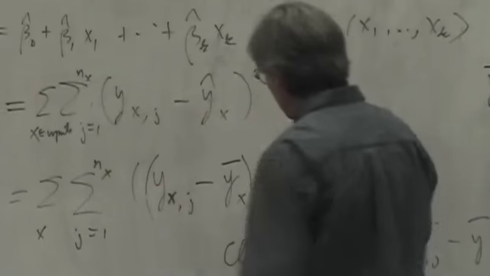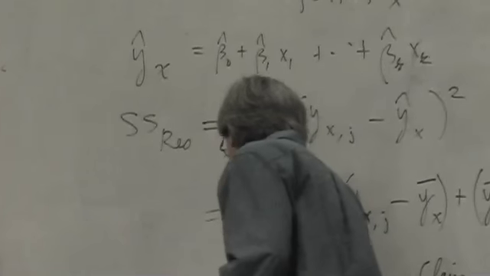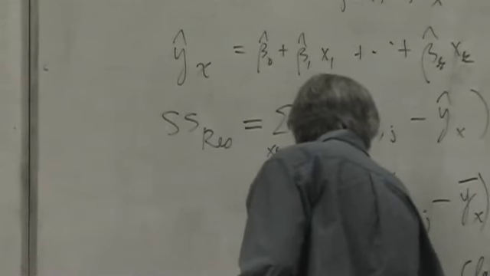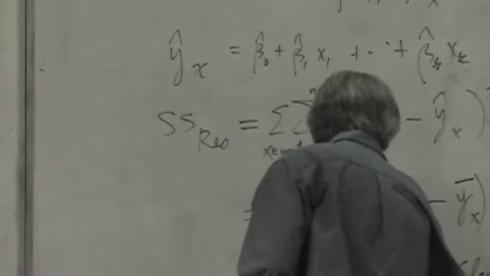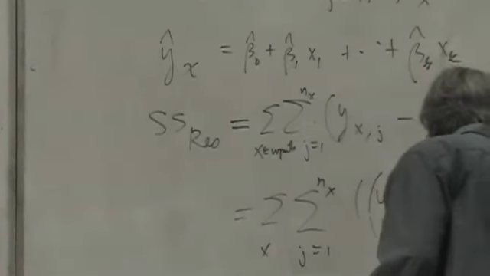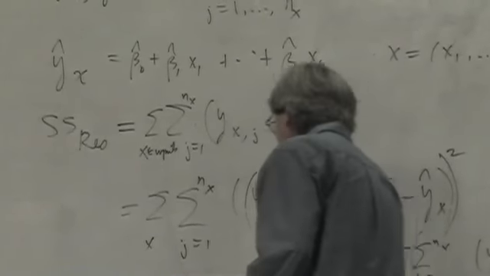So this double sum is equal to the sum over x and j of y minus y bar sub x squared plus y bar sub x minus y hat sub x squared. Let me write this step so you won't get lost. Therefore I'm getting the sum of squares like that.